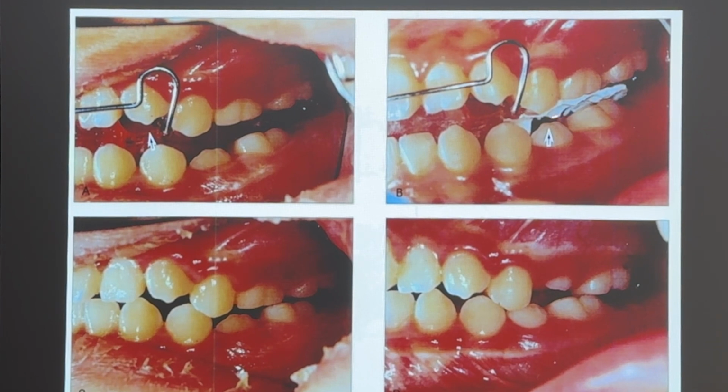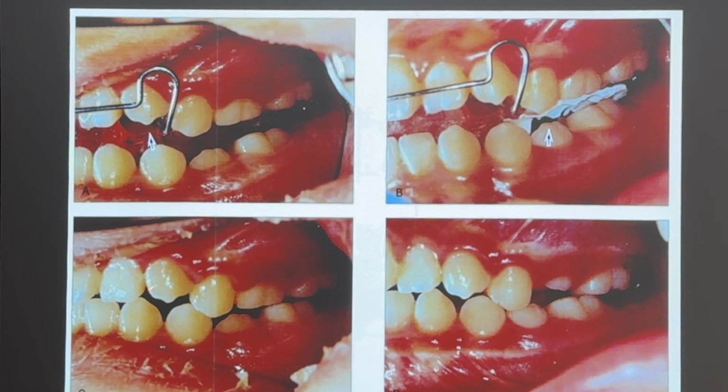So we paint the wax here and the patient bites, and then we can check there is enough space, not much, but enough space here. So it will make the alveolar bone grow around here.